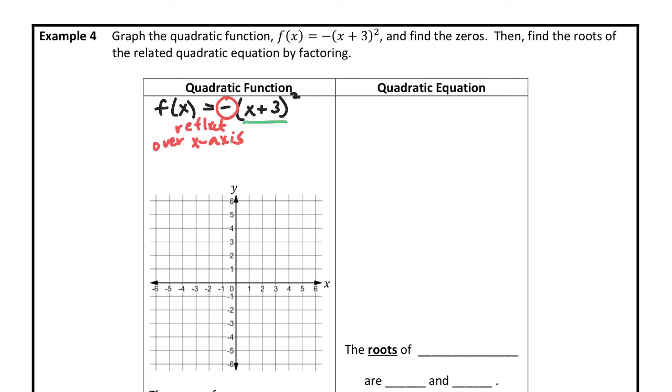And plus 3 means we're going to go to the left 3. So I already know what the parent function looks like. Or we should all know what the parent function looks like. So what's going to happen is these points are going to be reflected. And so just copy the points.